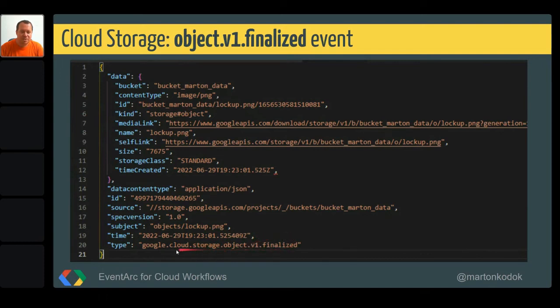This is called google.cloud.storage.object.v1.finalized. This is the event. And essentially, this file was uploaded to a bucket. This is the time. This is the subject, what was uploaded, and the rest of it is the data part of the definition. And you see here the data.